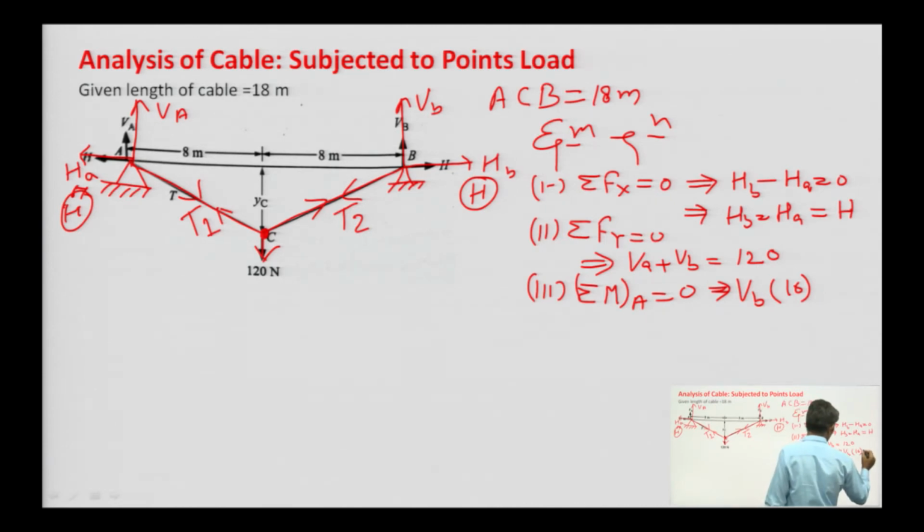So, it will be minus 120 into perpendicular distance, which is 8.